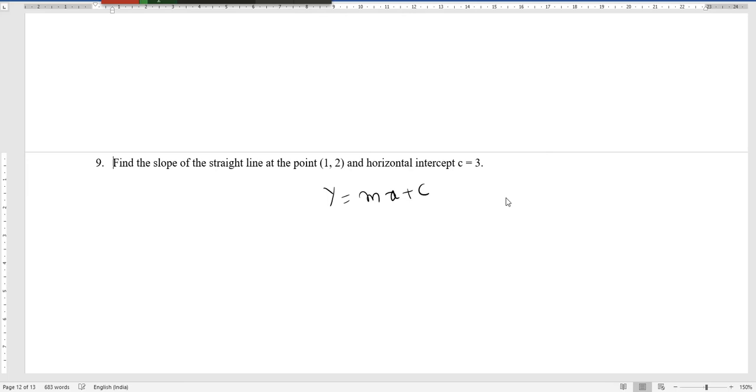See here, the x value is given, the y value is given, the c value is given, we have to find the m value. So how to find the m value? m equals to y minus c by x. So give the x value, y value, c value, initialize, then find the m value.